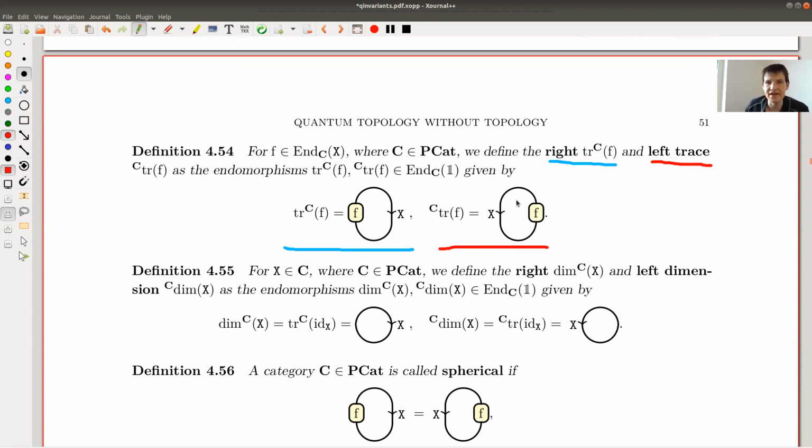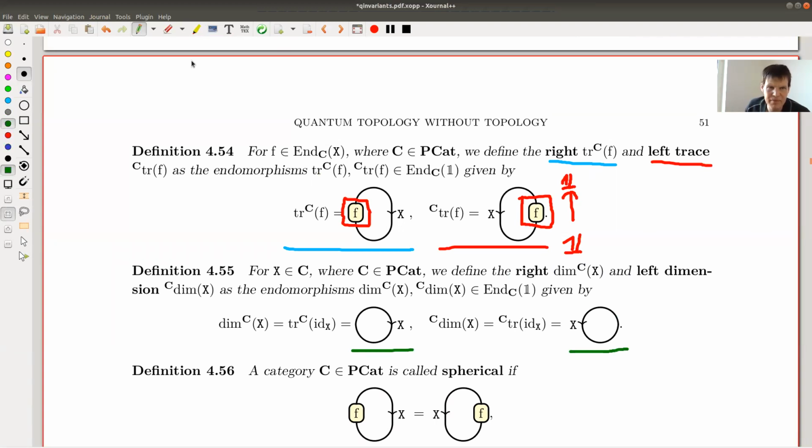But these are exactly the endomorphisms of trivial to trivial, which are given by those diagrams, right? And these are called left and right traces of a morphism. So F is my morphism. And you have left and right dimensions in the very same way.